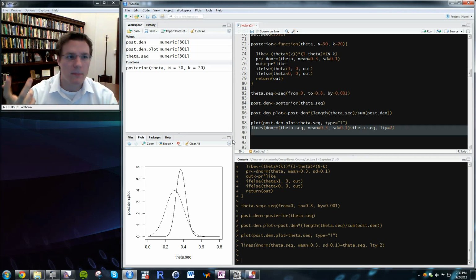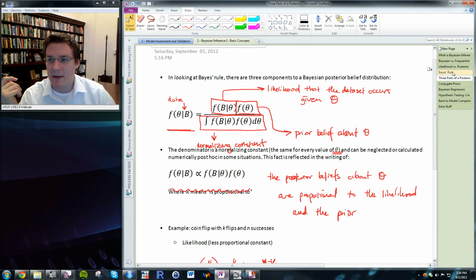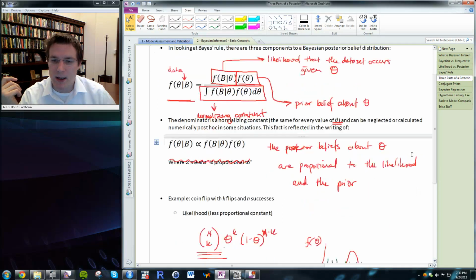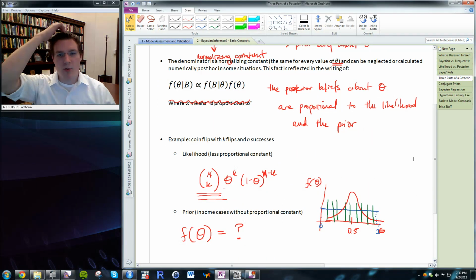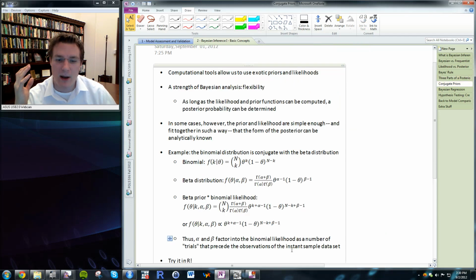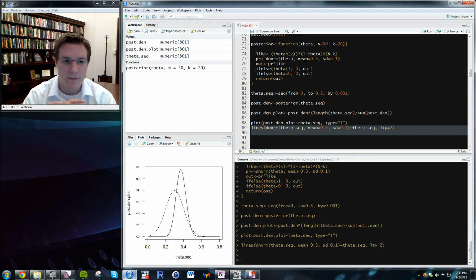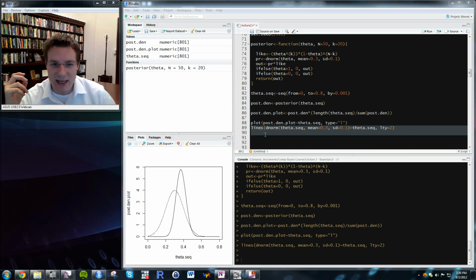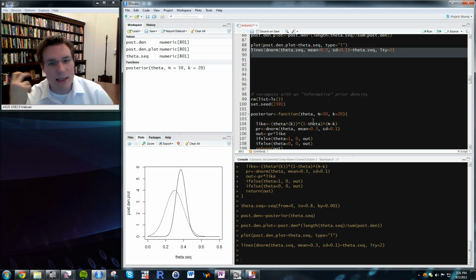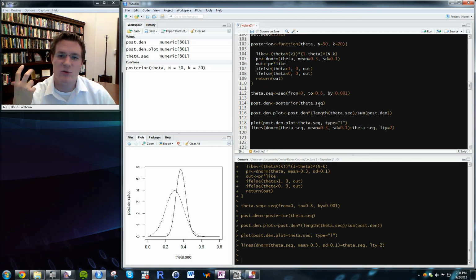So, literally, as it's written in the notes right here, the posterior beliefs about a parameter are proportional to the likelihood and the prior. They're a combination of the likelihood and the prior together, and you can see that in this little toy example. Information that is contained in the prior is included in my eventual inference.